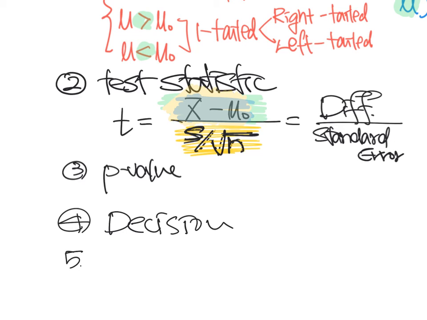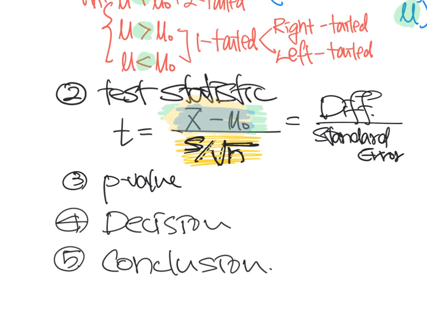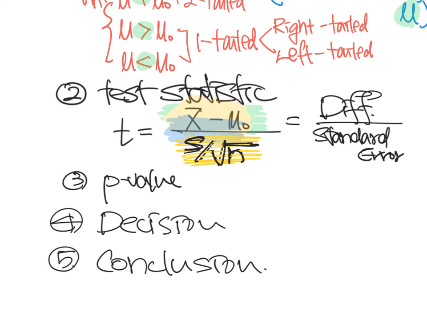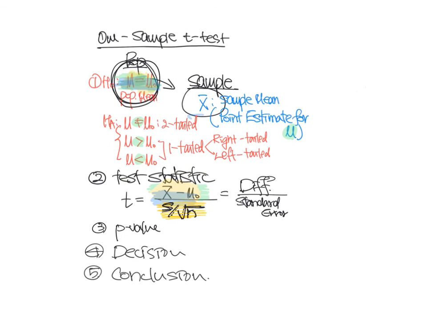And finally, it's a conclusion. The conclusion is kind of the interpretation. So it is the one sample t-test. We always have 5 steps.